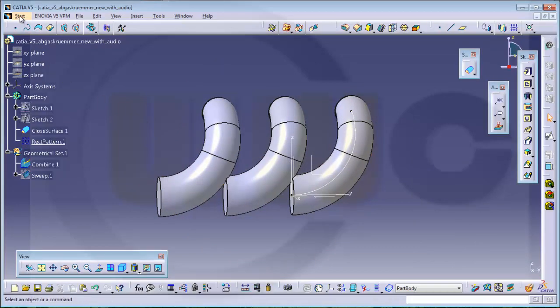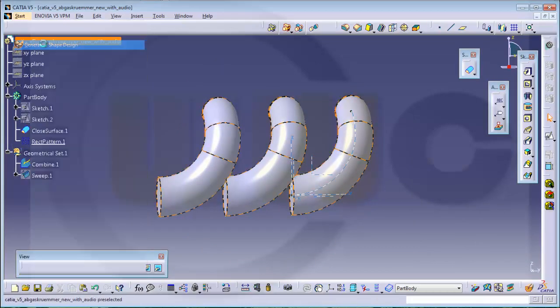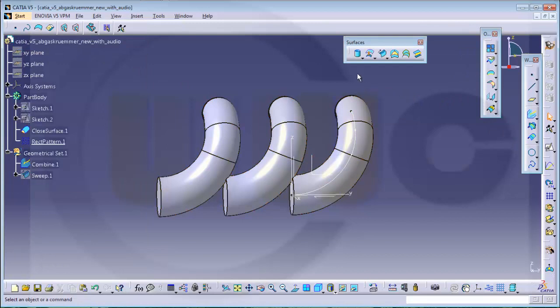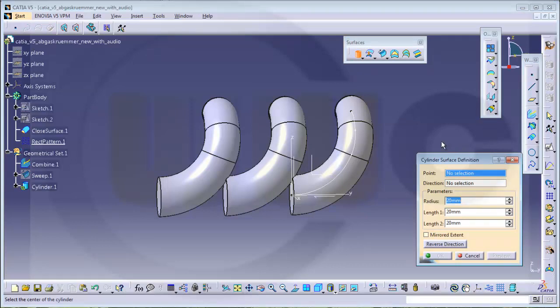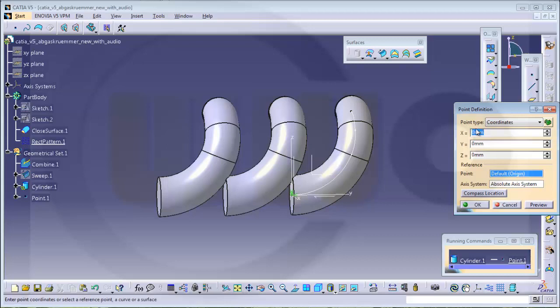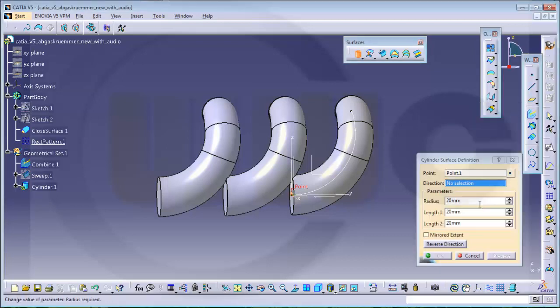Fine. I switch back to generative shape design because I want to make a cylinder, and that's very convenient to do in the shape design. The point should be 0, 0, 0, that's okay.